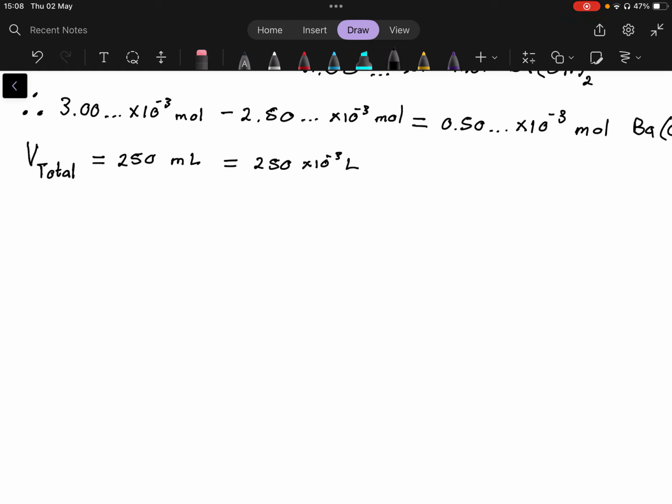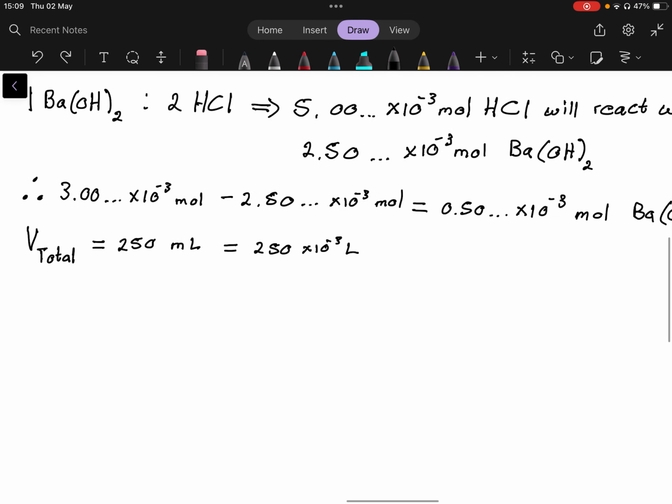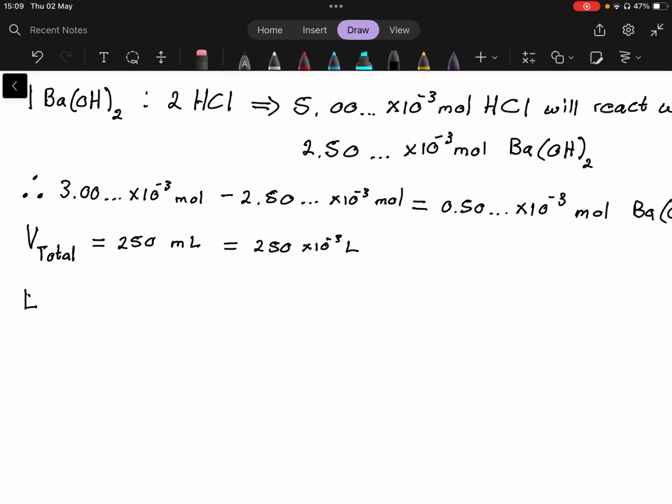How many moles of, let's first do the easier one, hydroxide? So what do we say is left? Left after the reaction, there's some barium hydroxide left.